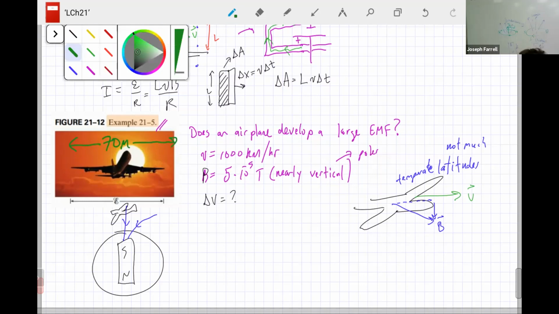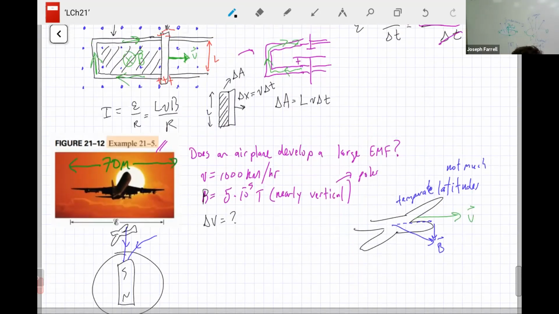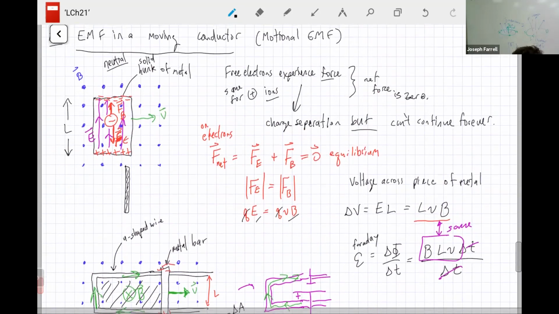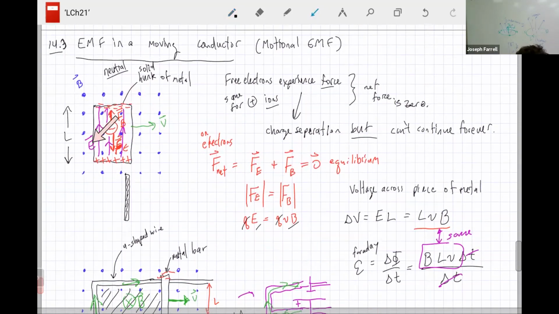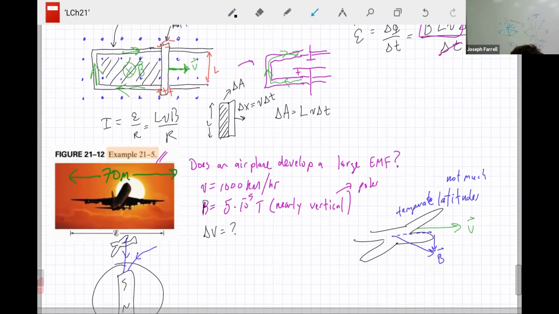Let's look at what we did before. The airplane is basically just this piece of metal, so we're just going to use EMF equals LvB. That's all this whole thing is about. We have to do some converting.